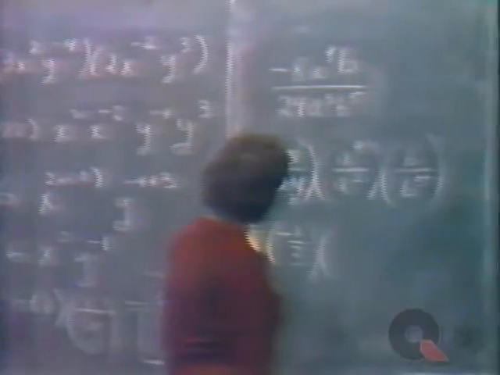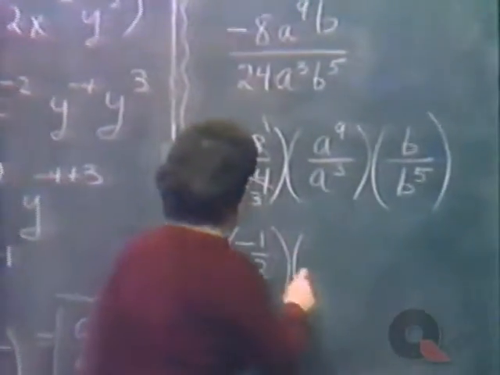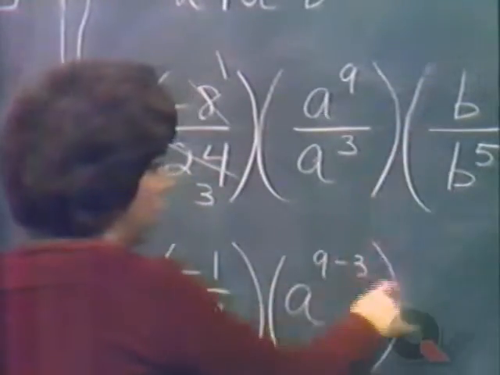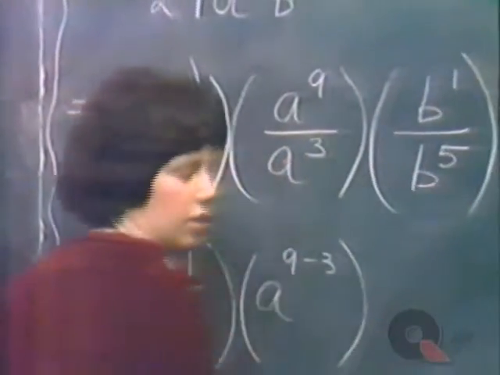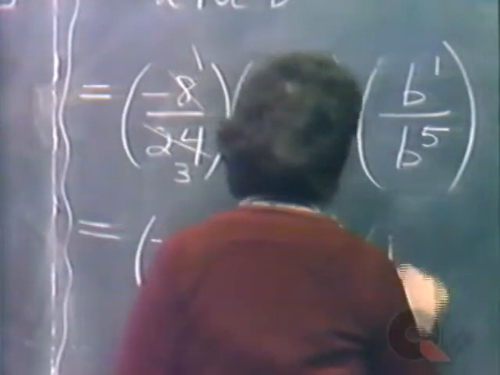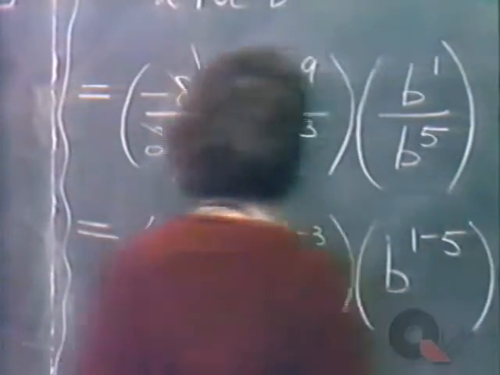Let's go back over here. a to the 9 over a cubed is a to the 9 minus 3 power. And here, this is b to the 1. b by itself, it's b to the 1 over b to the 5th, so it's b to the 1 minus 5 power.